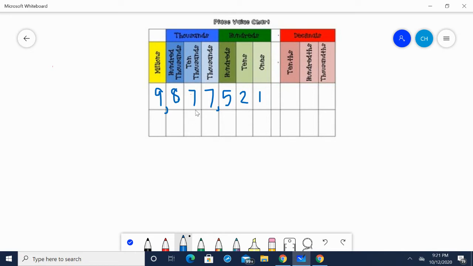So if I want to look at this, I'm going to look at my 10,000s place and my thousands place. This is something I really want you to think about. The 7 in the 10,000s place is 10 times the value of the 7 in the thousands place.